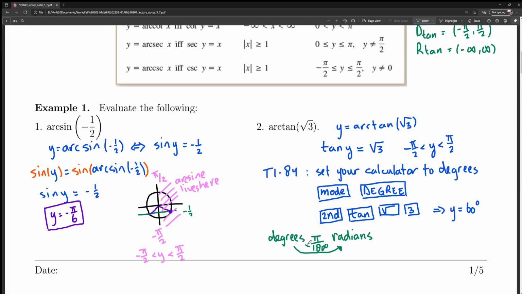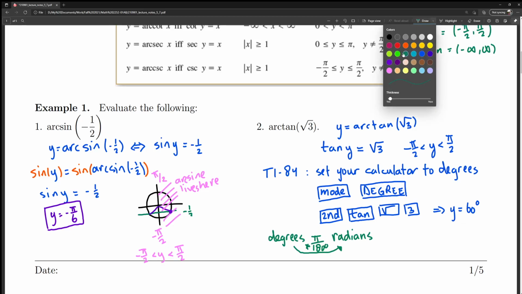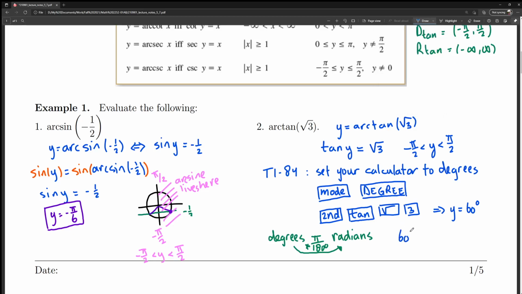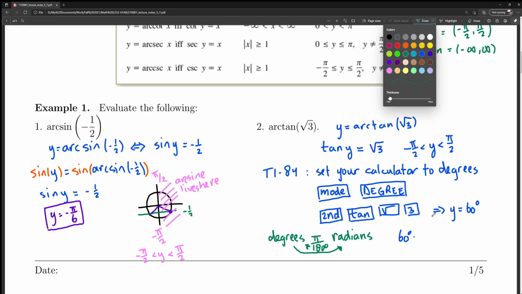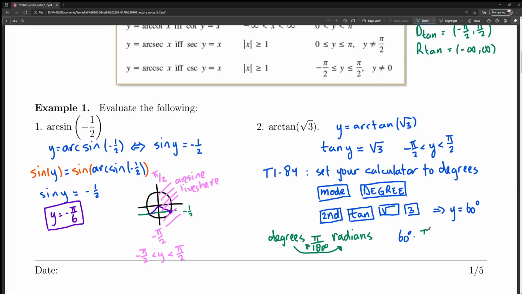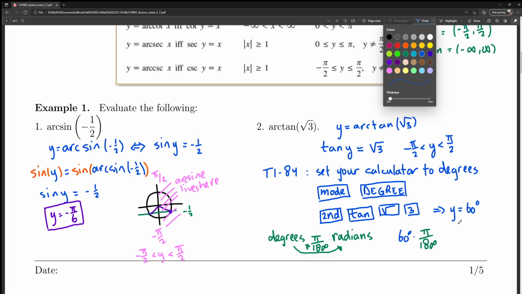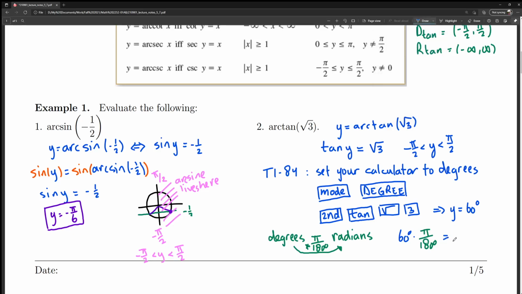So if you multiply by pi over 180, you get your final answer in radians. So we take that 60 degrees and we multiply that by pi over 180, and then our final answer for y is pi over 3.